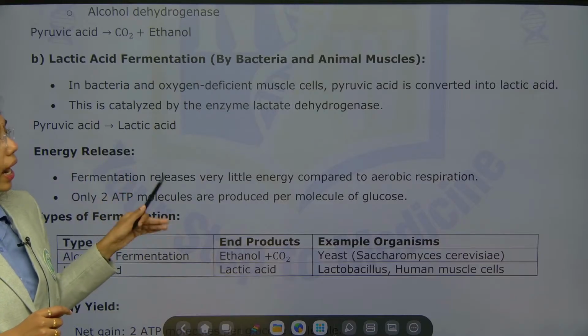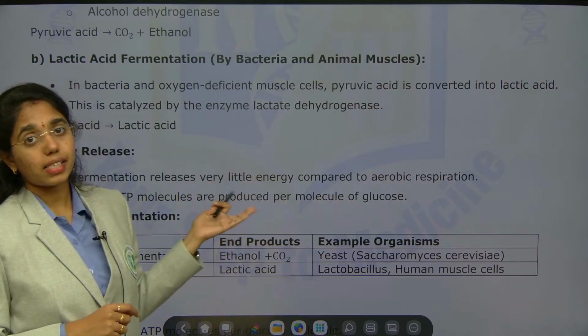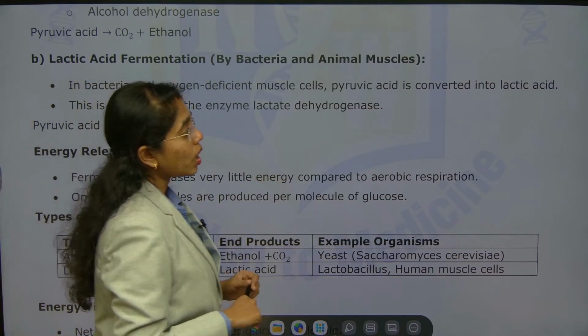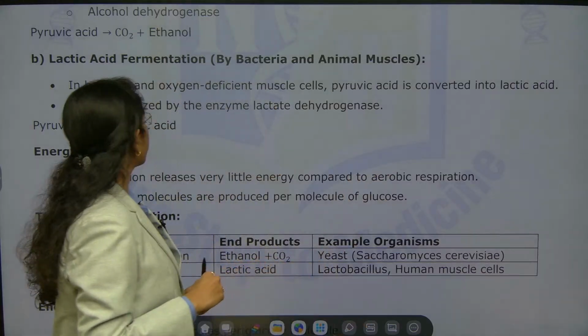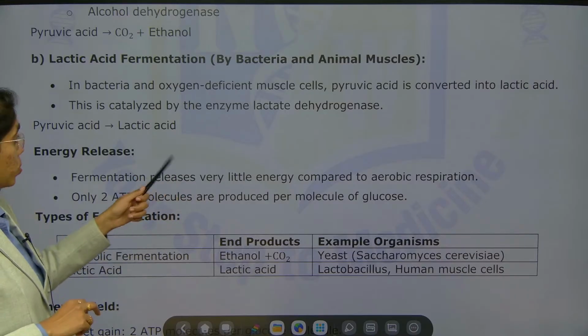That is the reason at vigorous workout people will get muscle cramps because of lactic acid accumulation in the muscle cells. Here pyruvic acid is converted to what? Lactic acid. This is catalyzed by the enzyme lactate dehydrogenase.